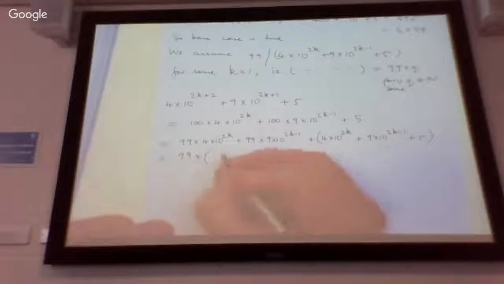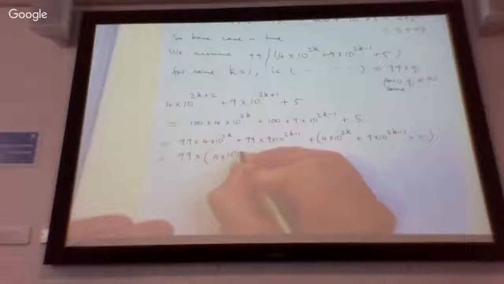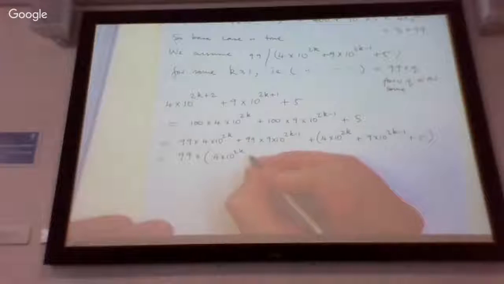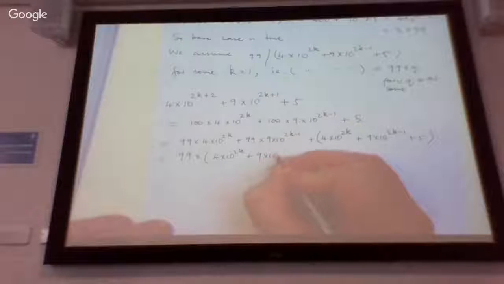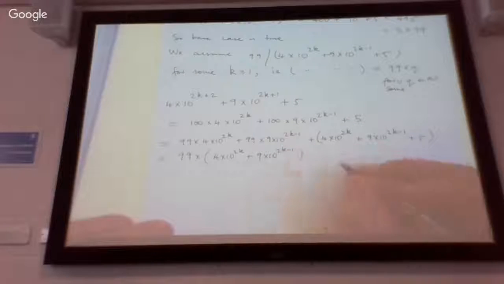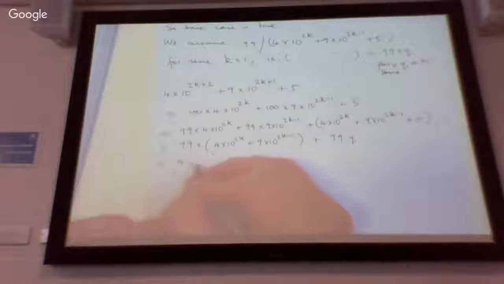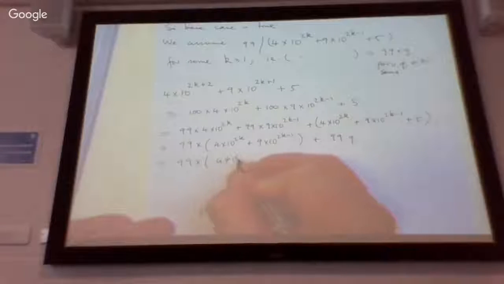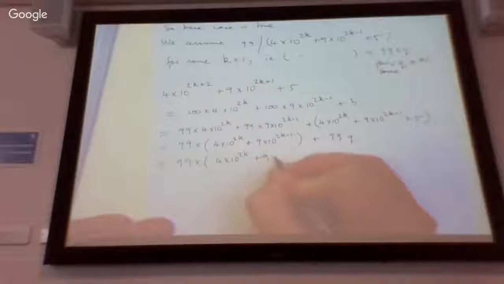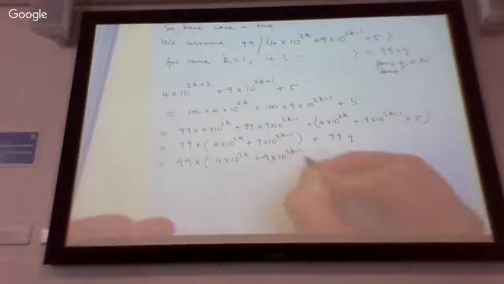It's 99 times 4 by 10 to the 2k plus 9 by 10 to the 2k minus 1. And then this is our 99 times q. Oh, sorry, I should have just added in a plus q. 4 by 10 to the 2k plus 9 by 10 to the 2k minus 1 plus q.